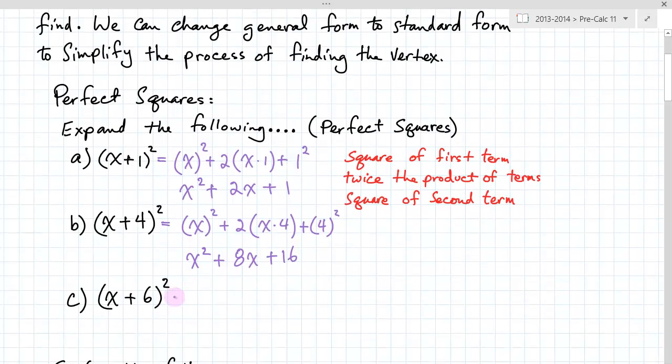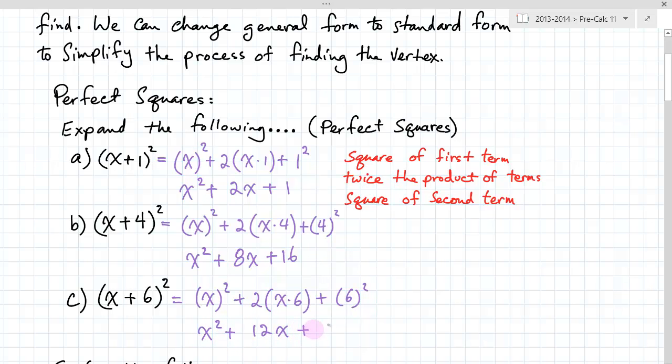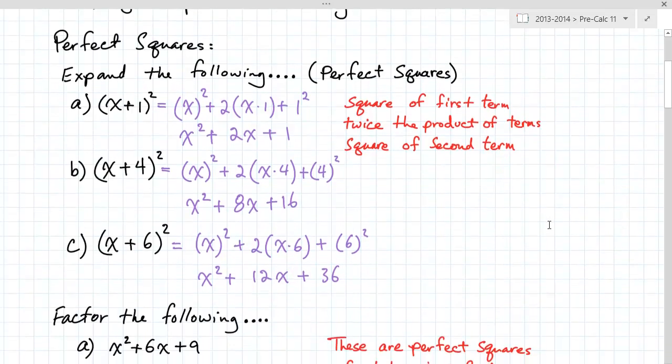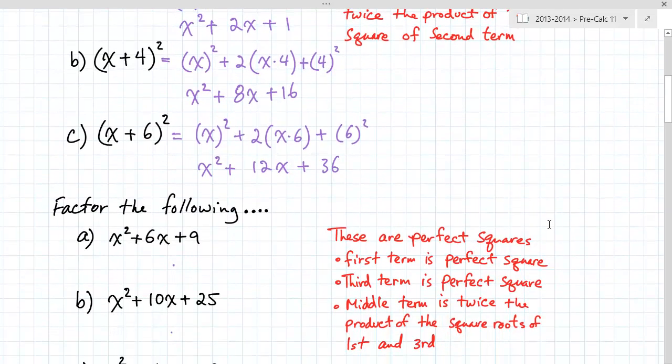I'm going to do the same thing. Take the first term, square it, plus twice the product of x and 6, plus 6 squared. So this is x squared plus 12x plus 36. Okay, so we do have a procedure for squaring a binomial.